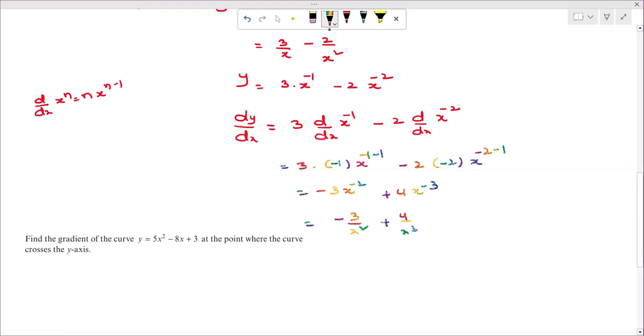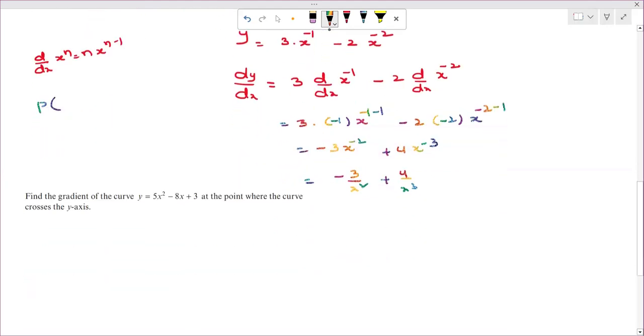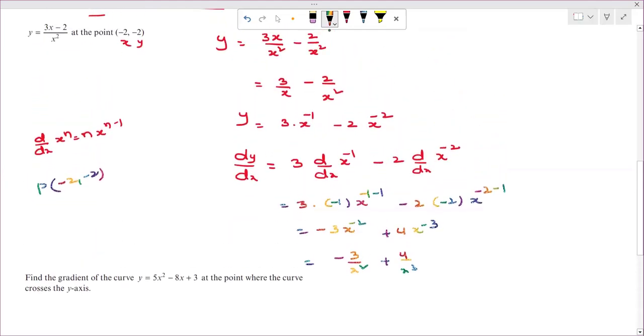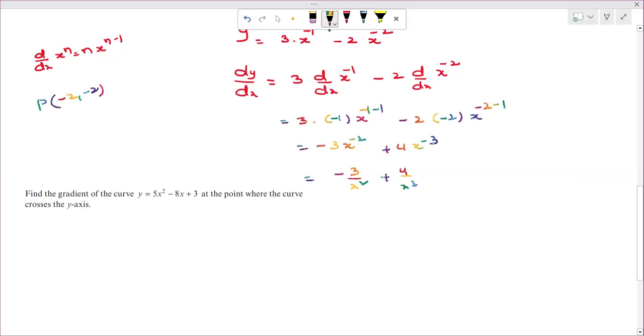Now the point is given over here. What is the point? The given point is minus 2 comma minus 2. Now substitute x is equal to minus 2. There is no y over here, so only substitute the x value.